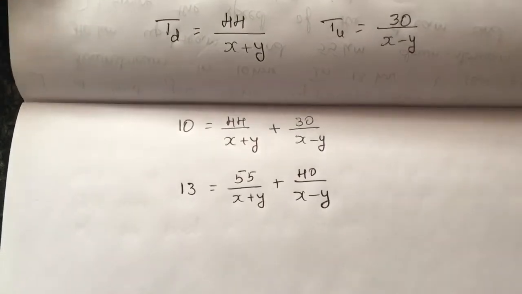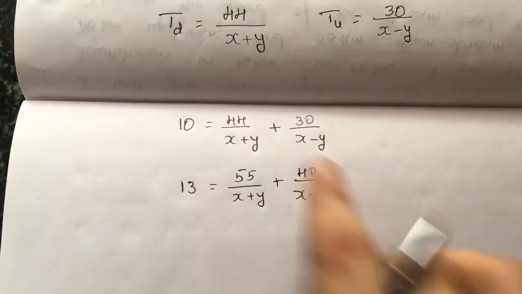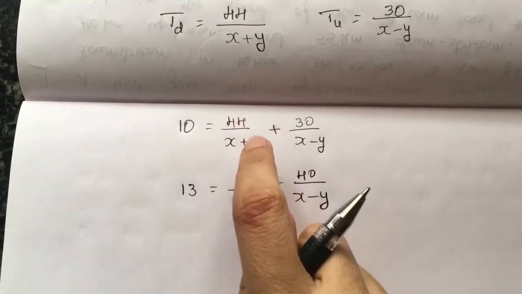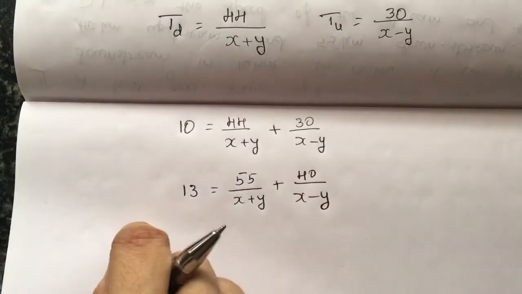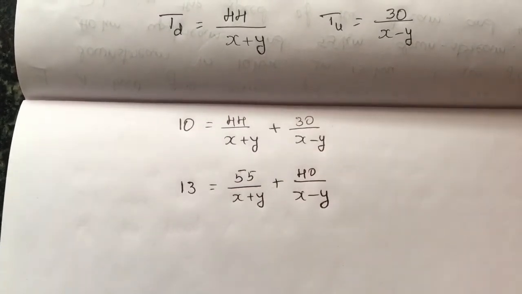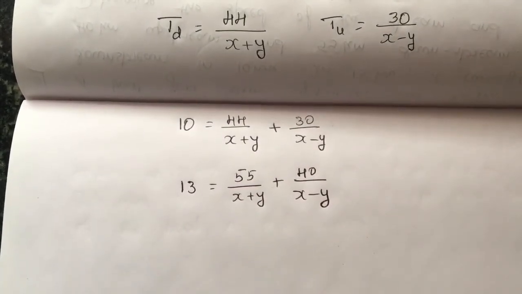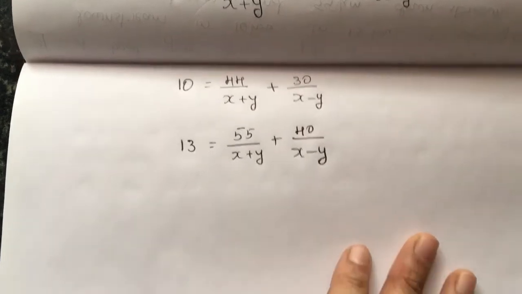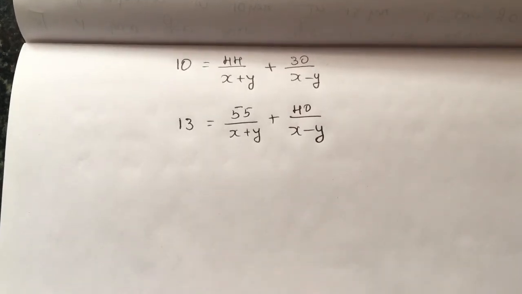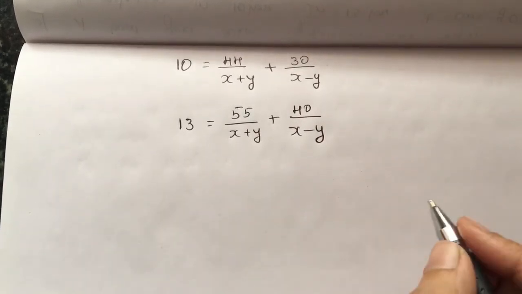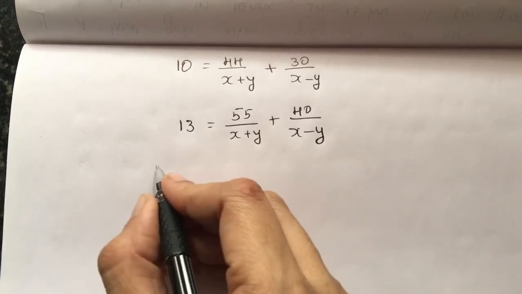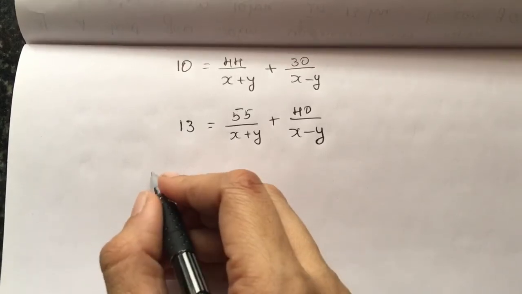Now, of course, I have to substitute 1 by x plus y as some variable and 1 by x minus y as another variable. Okay, you go on solving. I'll directly write the answer if you want. No, I'll do it.